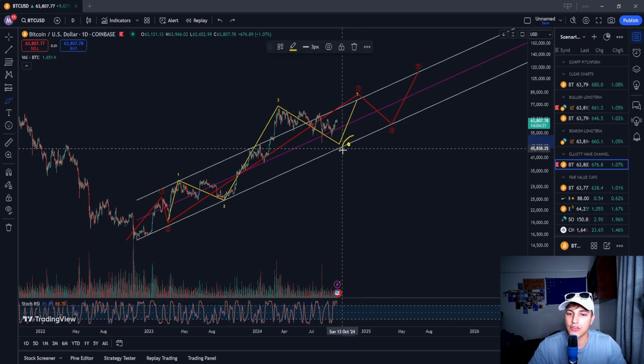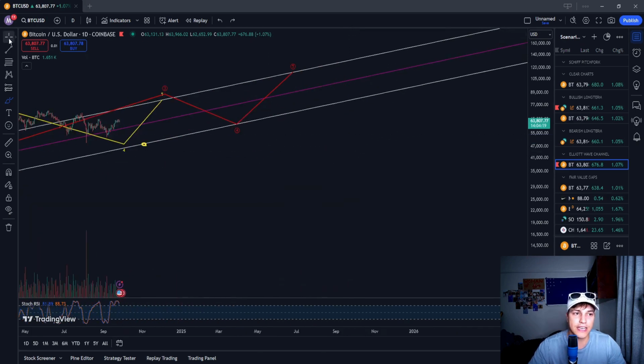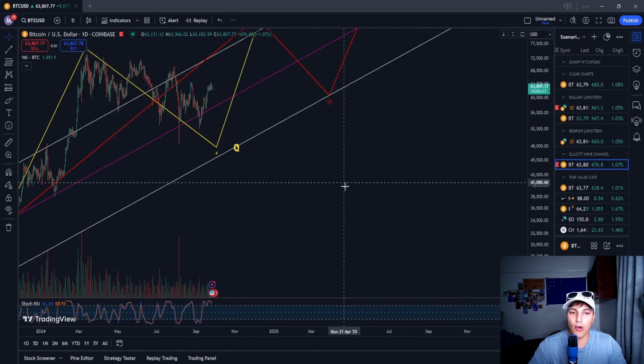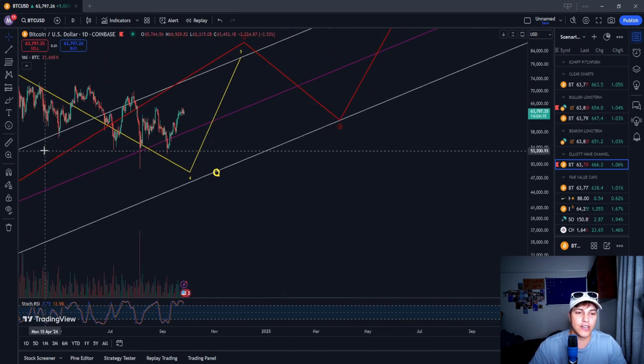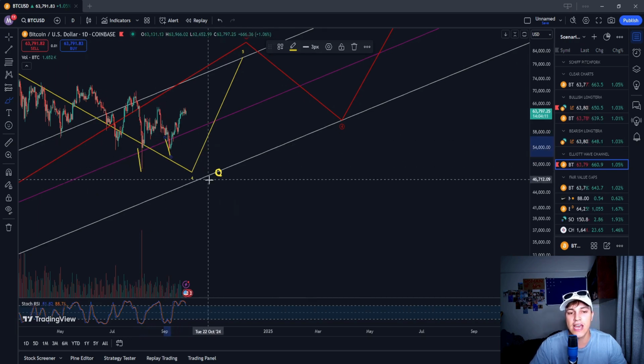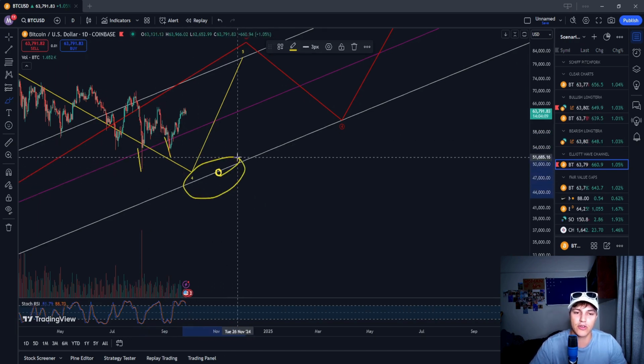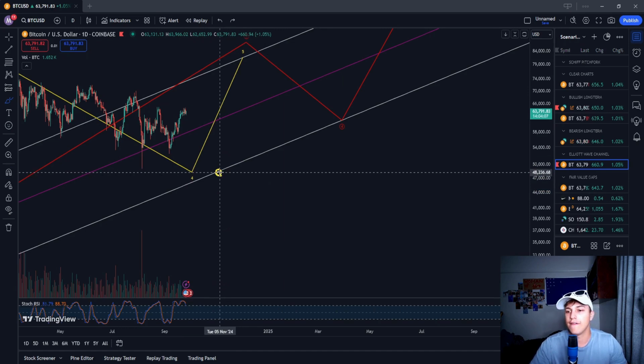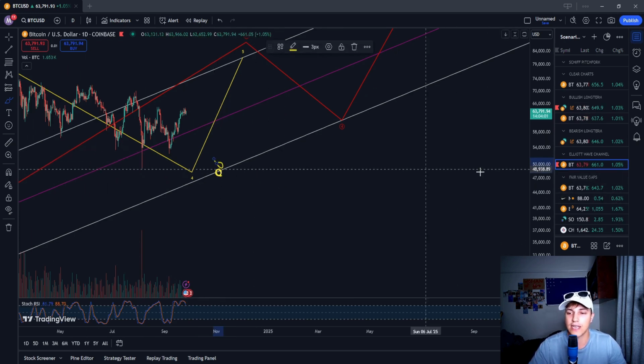But I do expect price to come down here to this bottom line again, as we did find resistance here but broke through the middle line twice. I do expect price to come down to this low at around $48,000. That is what I expect from Bitcoin on the longer term time frame.